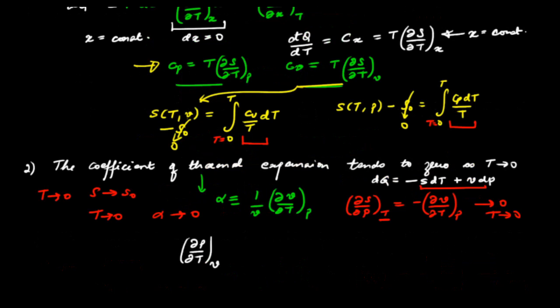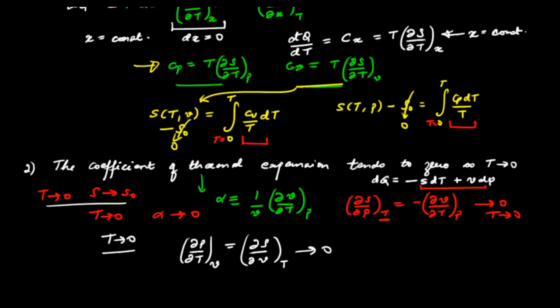In fact, using the same arguments, we can also consider the limit of this derivative in the limit that T tends to 0. Now recall that from the Maxwell's relation derived from the Helmholtz free energy, this del P by del T at constant V is given by del S by del V at constant T. So using the same arguments, that in the limit that T tends to 0, entropy tends to a constant value that is independent of pressure or volume, and therefore del S by del V will also tend to 0 as T tends to 0.